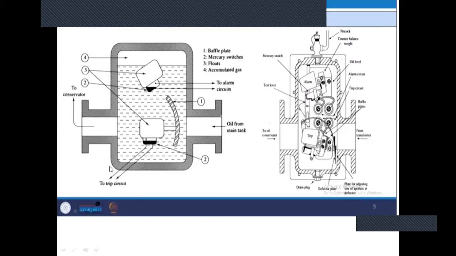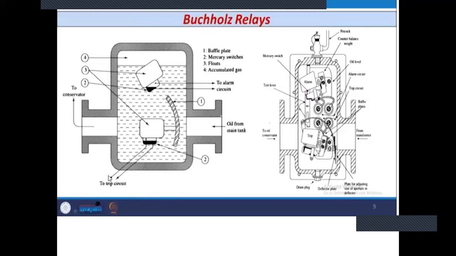The trip coil of the circuit breaker is energized, which in turn isolates the transformer because of the operation of the circuit breaker. So this is how the Buckholz relay works.